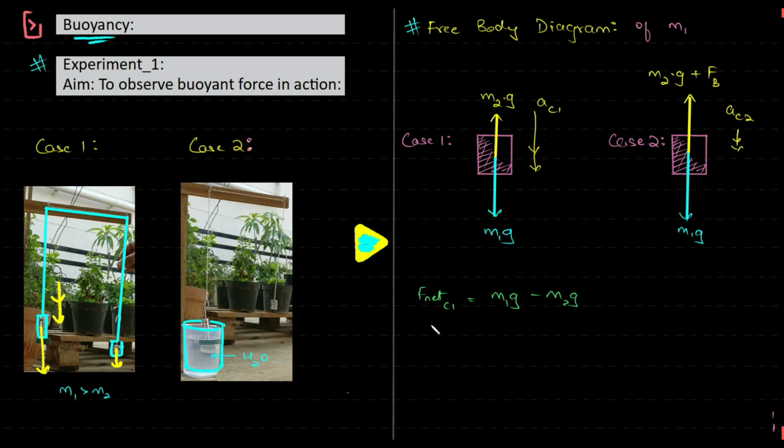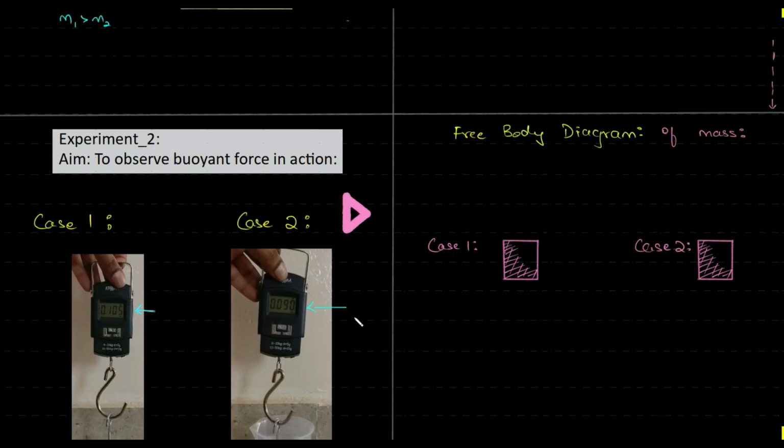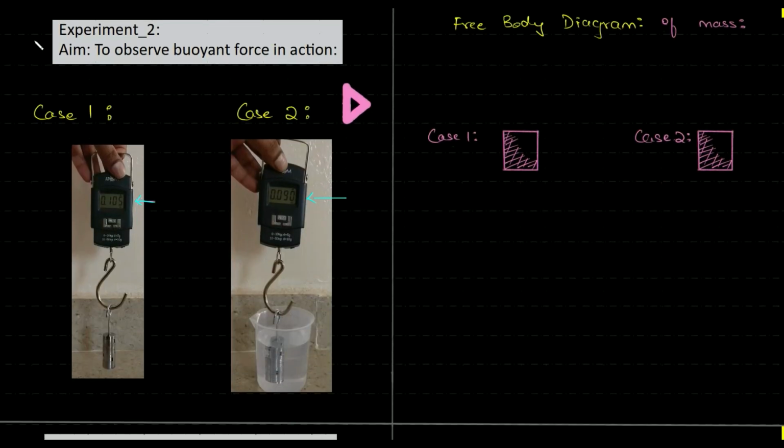In case 2, here it is m1 into g minus m2 into g, along with that, we have an upward force, which is nothing but your buoyant force in this case. As a whole, the net force is less, and so the acceleration will be less. Agree? Right guys? So just keep this in mind. Let us see all the experiments and then I'll conclude.